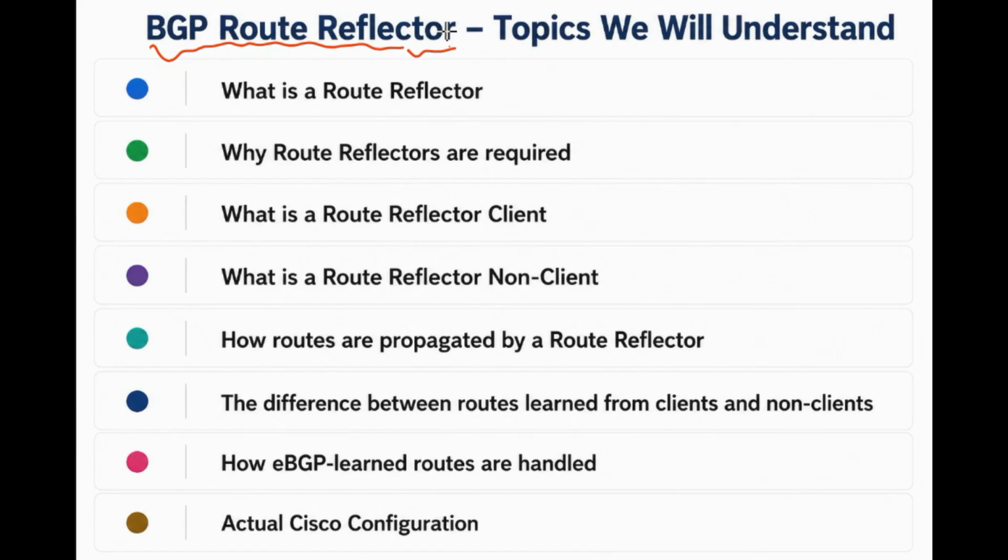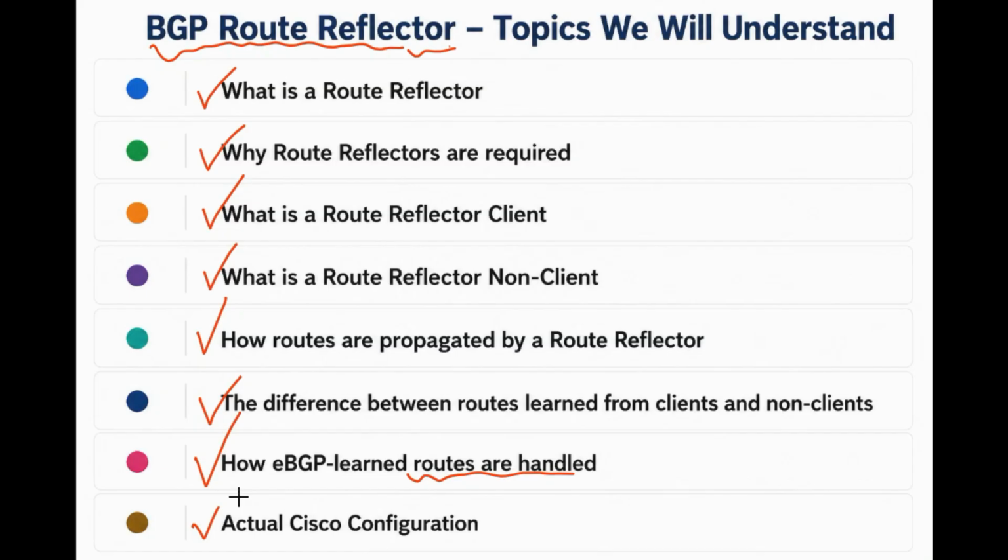We will understand what is route reflector, why route reflectors are required in a BGP network, what is a route reflector client, what is a route reflector non-client, how routes are propagated by a route reflector, the difference between routes learned from clients and non-clients, how eBGP learned routes are handled, and finally we will look at the actual Cisco configuration for the route reflector.